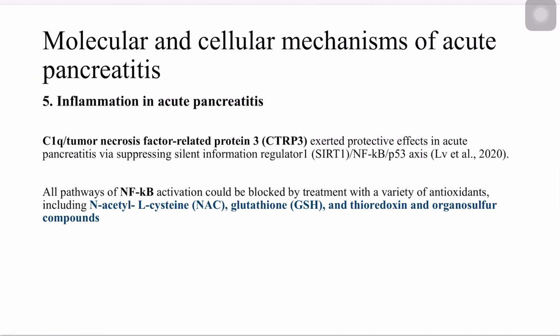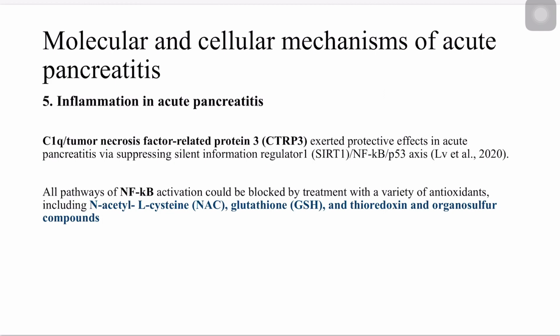The other situation: C1q tumor necrosis factor related protein 3, CTRP3, exerts a protective effect in acute pancreatitis by suppressing silent information regulator 1. It's very important we know about that one, because it also has a positive effect in the prevention of acute pancreatitis and decreases inflammation.